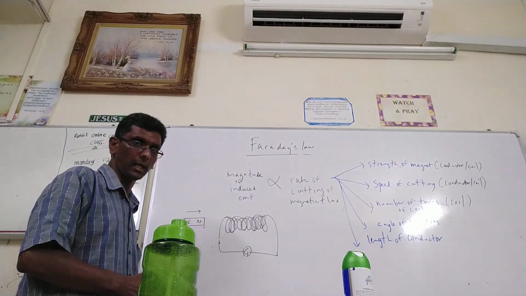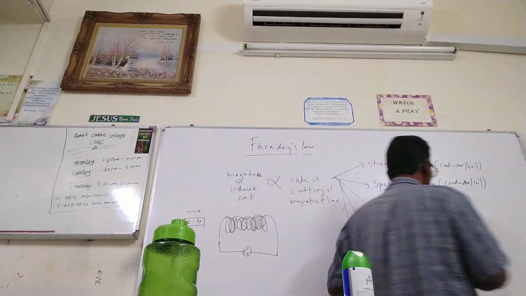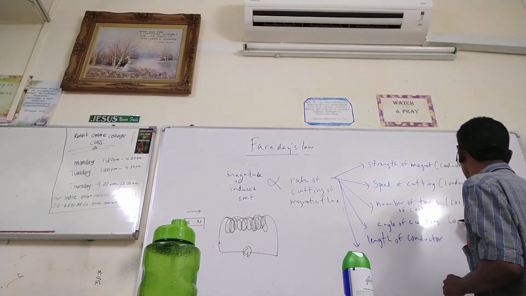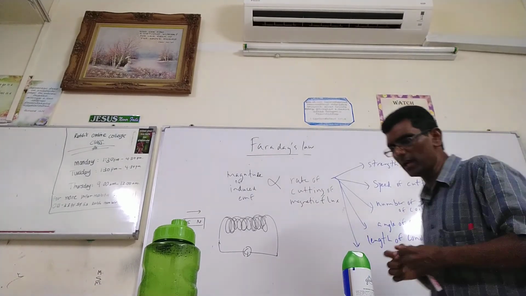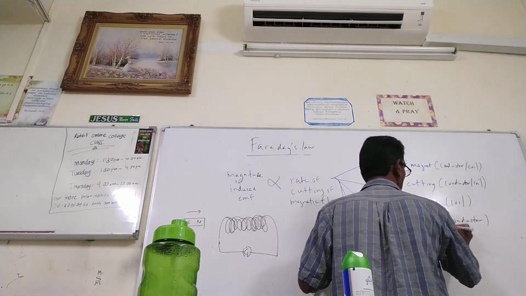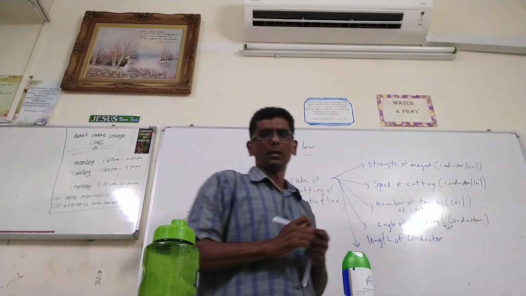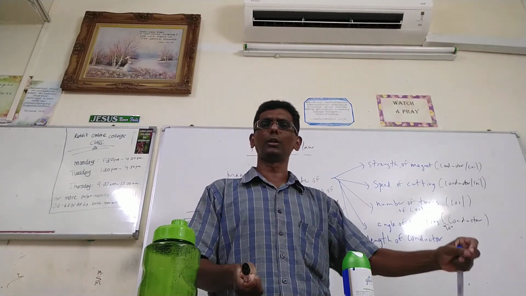Now, angle of cutting. Angle of cutting applies to the conductor only. It should be 90 degrees. If you cut at a slant, you produce a low voltage.